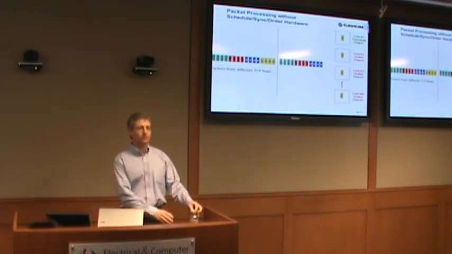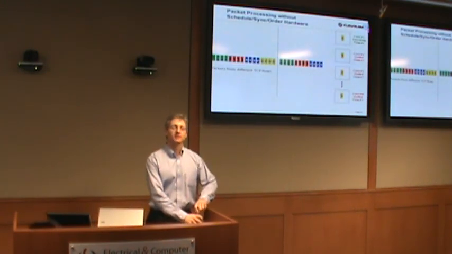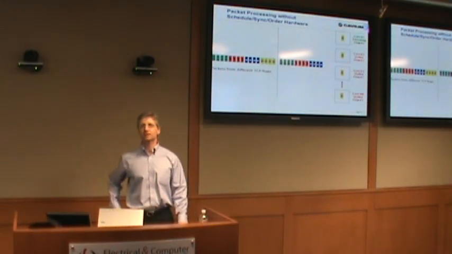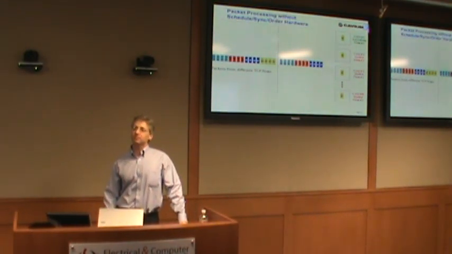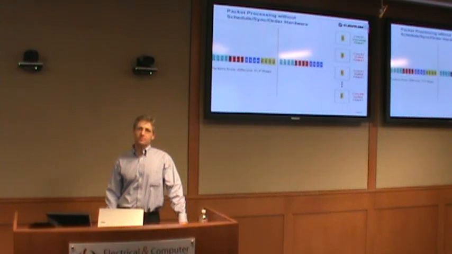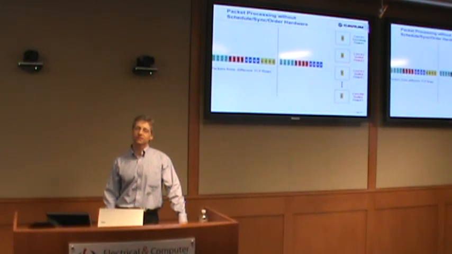So here's an example of what you do not want to do. In this slide, different things from the same flow are the same color. So in this scenario, I have 4 packets, or actually more than 4 packets, from the yellow flow. They came in, and let's say I was dumb and just scheduled those first n packets to the first n cores.